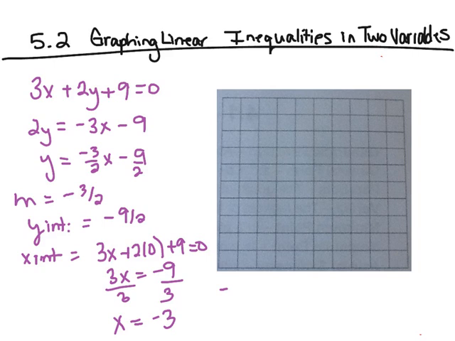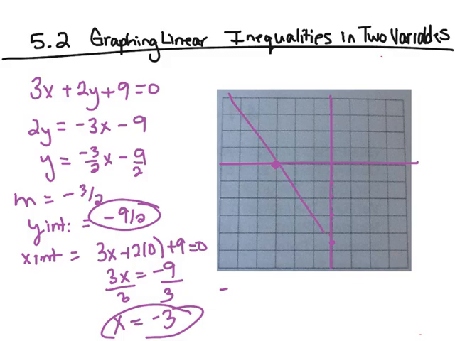So a second way to graph is to graph both your intercepts. So we have negative 3 is our x-intercept, and our y-intercept is negative 4.5. 1, 2, 3, 4.5. And then connect the dots.